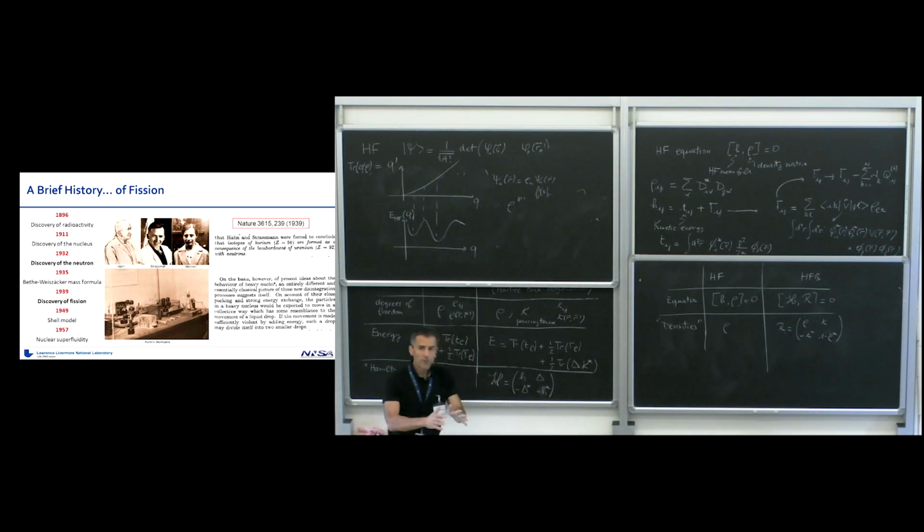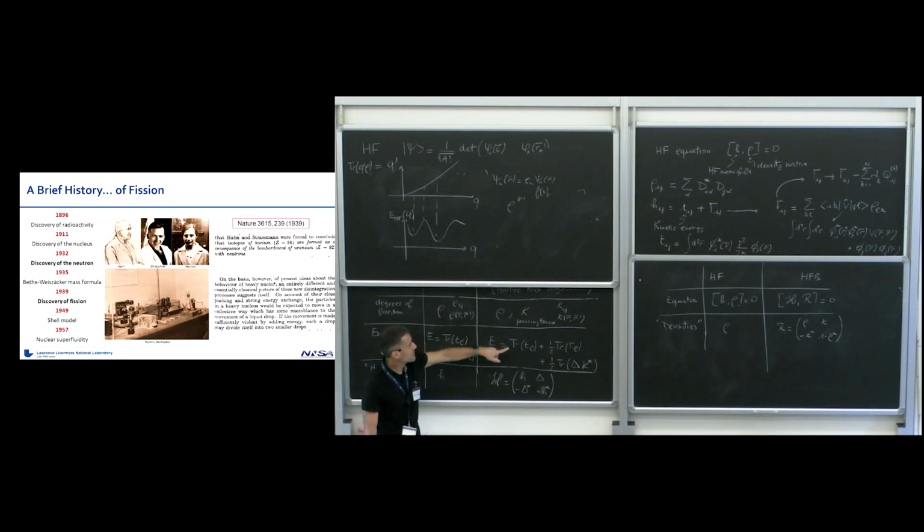I mentioned Hartree-Fock-Bogoliubov is an extension of Hartree-Fock, and we could spend 2 hours just talking about HFB. Actually, I could spend the whole day just talking about HFB. Here, this is just a table summarizing the main differences, how HFB extends Hartree-Fock. It adds a density kappa that will be related to the pairing correlations.